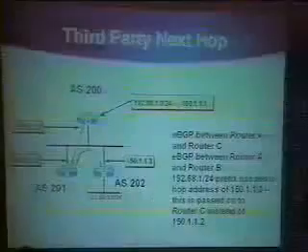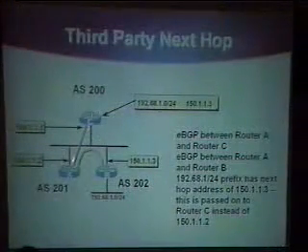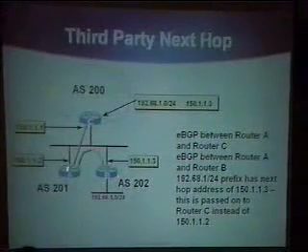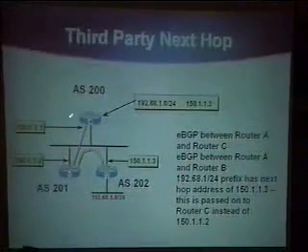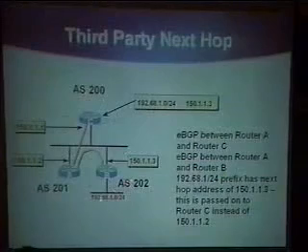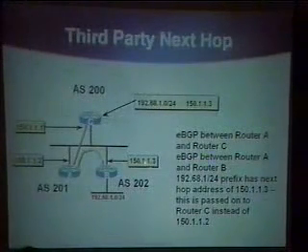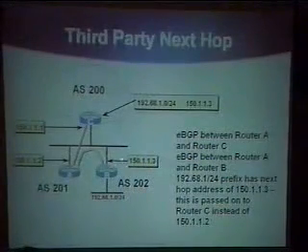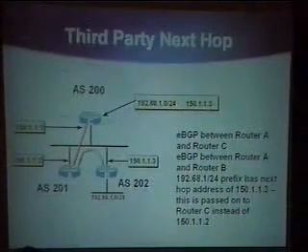Third-party next hop. This isn't really something that you can configure, it just is a thing that happens. Take this example. If you have eBGP between router A and router C, and you've got eBGP between router A and router B in these three ASs, well, router A passing the prefix to router C, say the 192.168.1 network, router C will use this address as the next hop because it sees that this network is in the same LAN as it is sitting on.